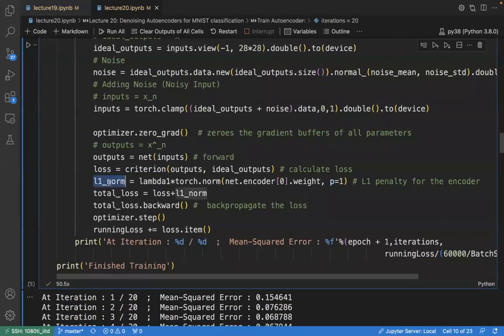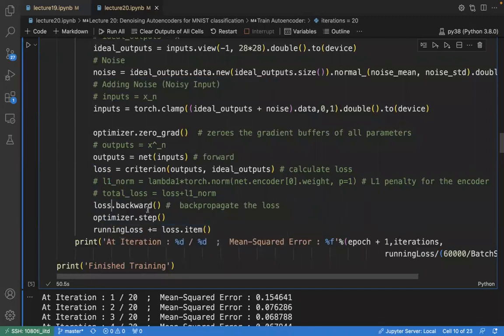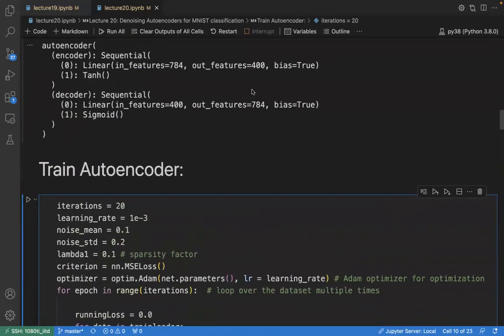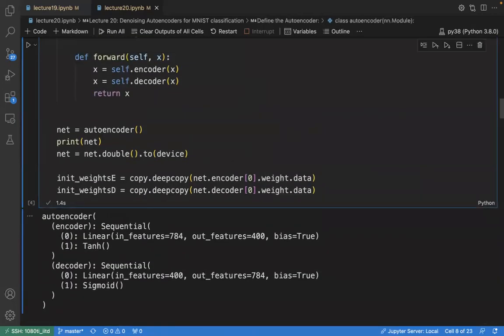Let me just comment these lines and just do the normal loss and see. Let me try once again.